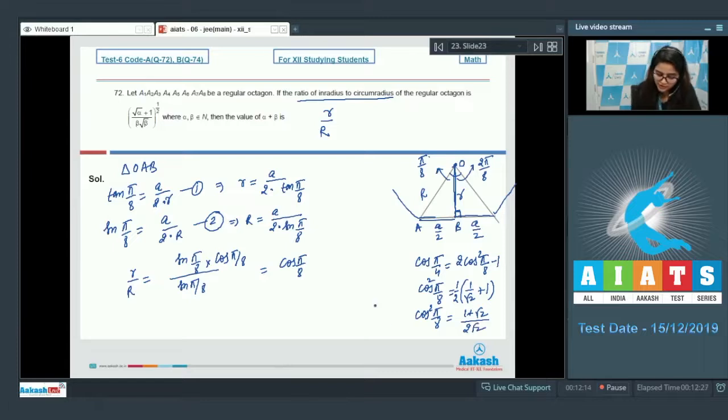So cos pi by 8 is equal to ((1 plus root 2) divided by 2 root 2) to the whole power 1 by 2. The question is saying the ratio of inradius to circumradius is this, so we can compare both the parts. So alpha is equal to 2 and beta is also 2. The question is asking alpha plus beta, so the answer is 4. Now move on to the next question.